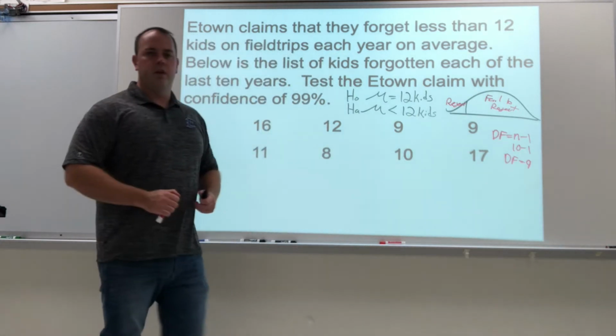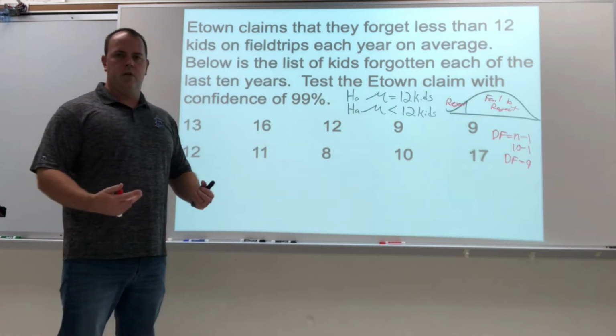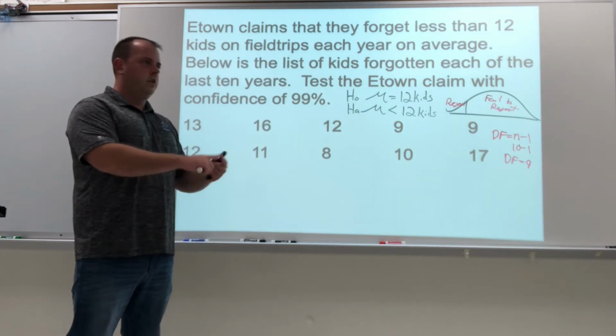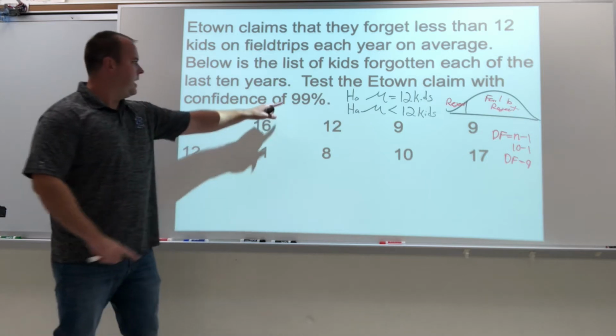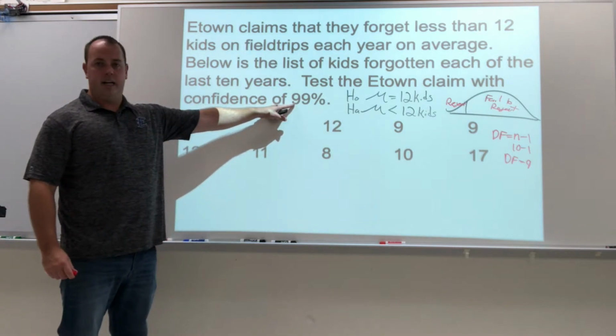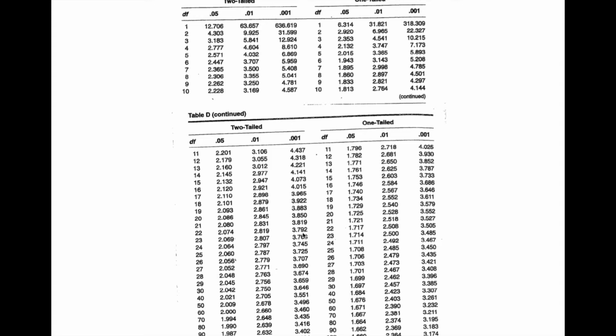Okay, so if we go to our chart, think about what you need. One tail, degrees of freedom, and our confidence level is 99%. So looking at the chart now to find our critical value, we have to remember one tail, degrees of freedom is 9, and we are being 99% confident.